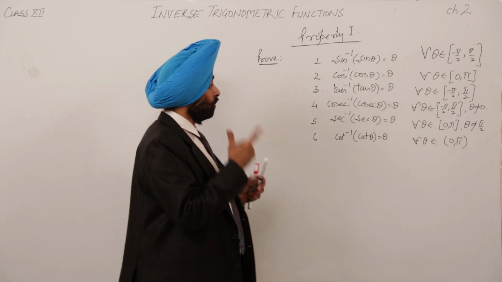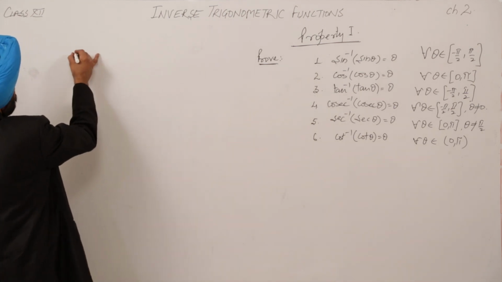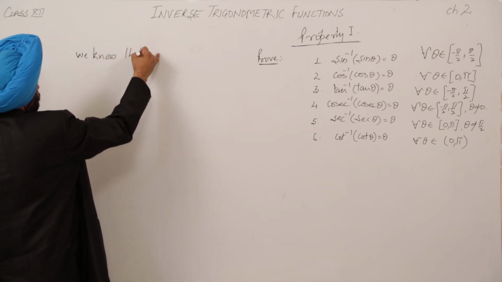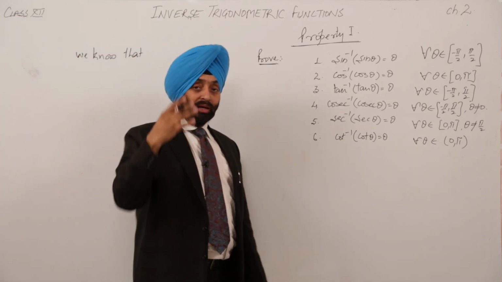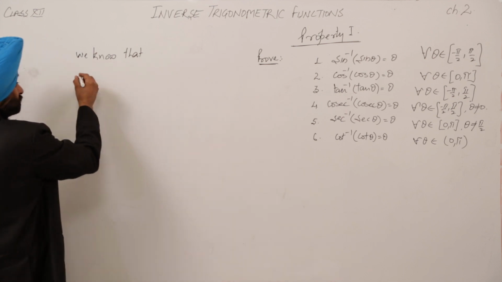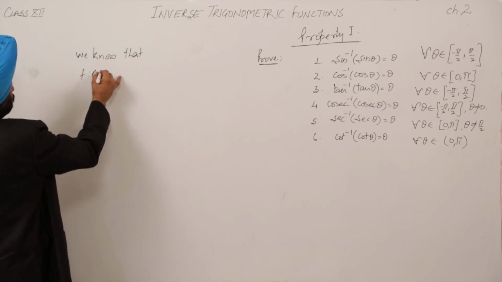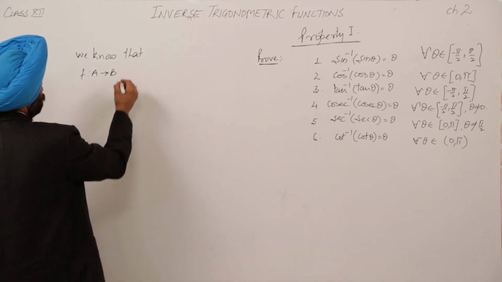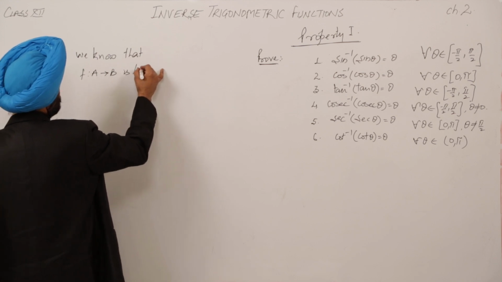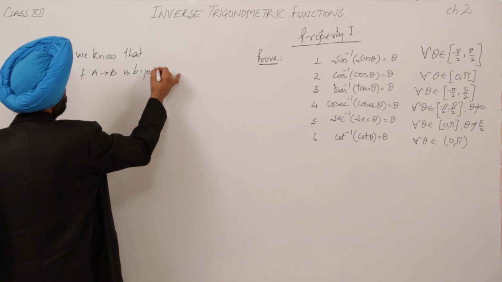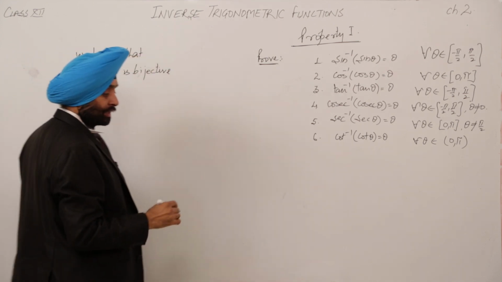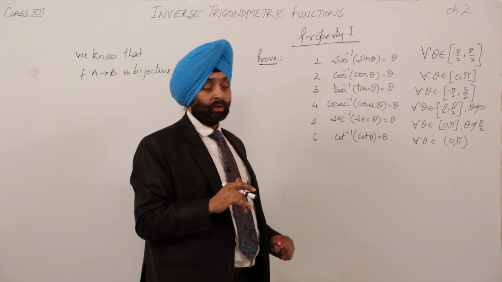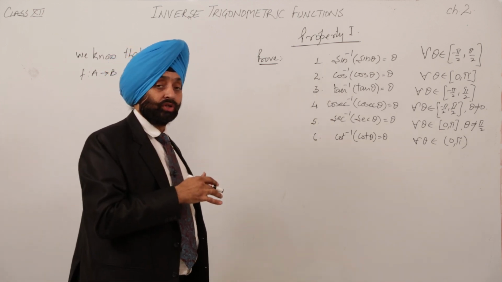Similarly for the inverse part, we know that a function from A to B is bijective, when a function is one-one and onto, and I explained clearly how the trigonometric functions are bijective.